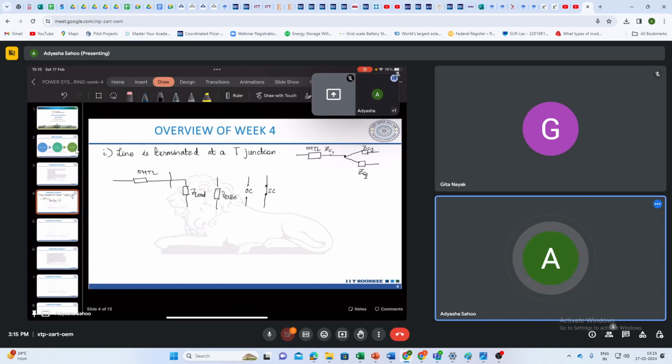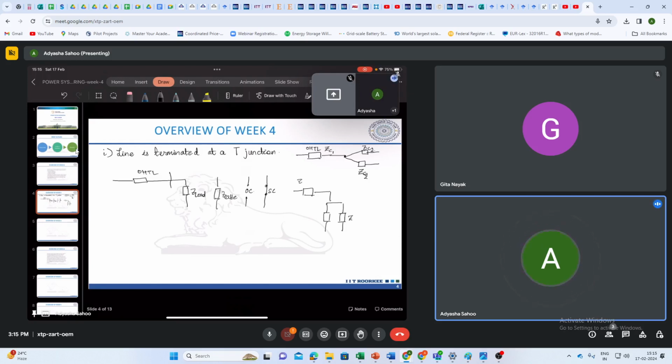So these all cases we had seen previously. So today what we are seeing is when this is terminated by two lines of impedances. Firstly we will see for equal impedance, and in general then we will see what will happen if these impedances are different.